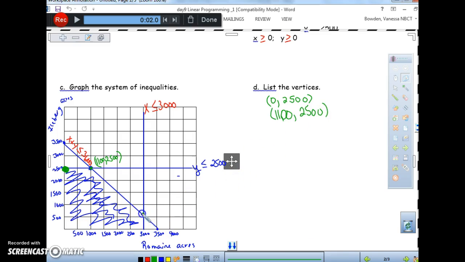And then this point down here, we know x is at 3,000, and it crosses with this line. So if I were to put 3,000 in for x, y would have to be 600.